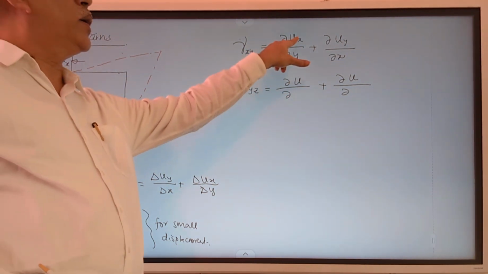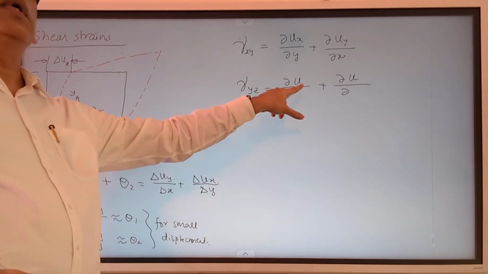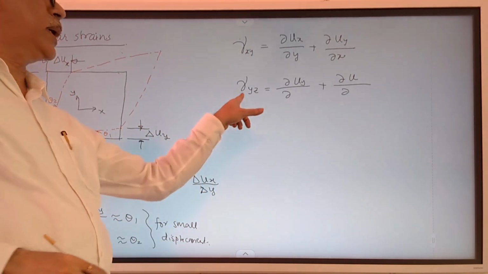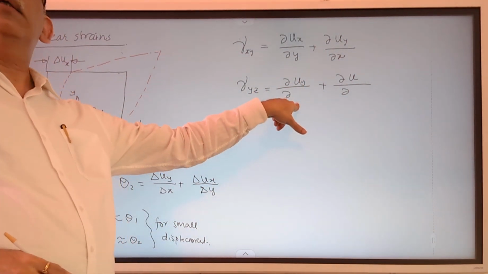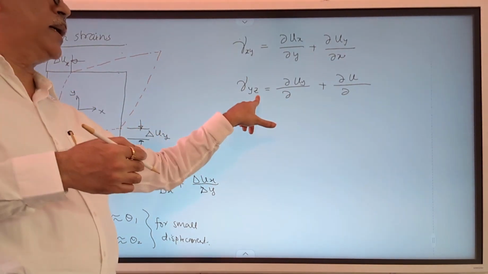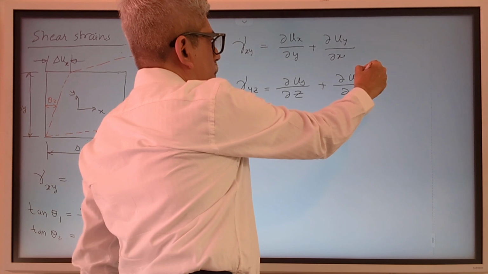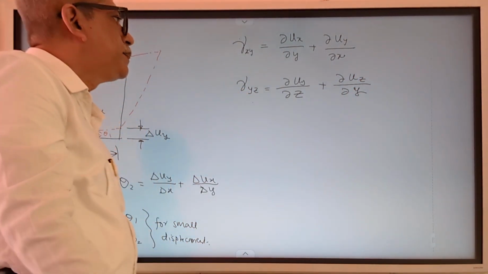It is xy there, so here it will be y. You can write z first also, but it is better to go in the same sequence. So partial uy by partial z, the other subscript you have to write here. And here partial uz by partial y.